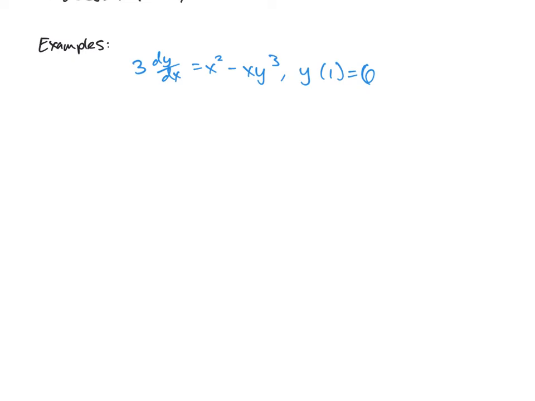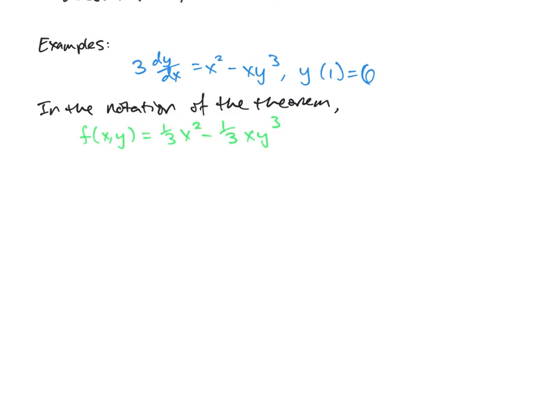So we just have to divide the 3 over. We get our f of x, y, the right-hand side, is equal to 1/3 x squared minus 1/3 x y cubed. And of course, that's a continuous function on all values of x and y.